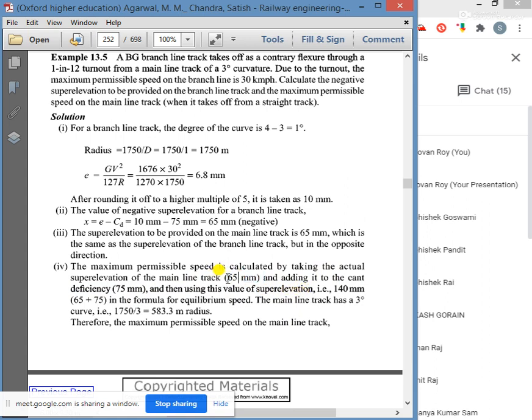Only this 65 is not appropriate to find the speed on the main line. With this 65, we have to add again 75, the cant deficiency value, and the value becomes 140 mm. 65 plus 75, that is 140 mm. Now you can calculate the speed of the main line.